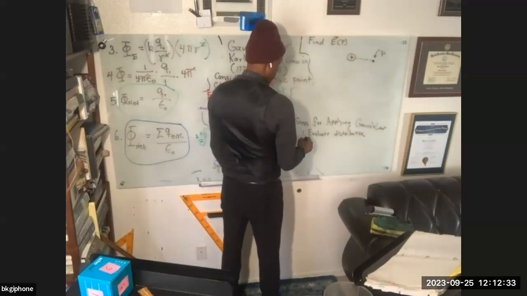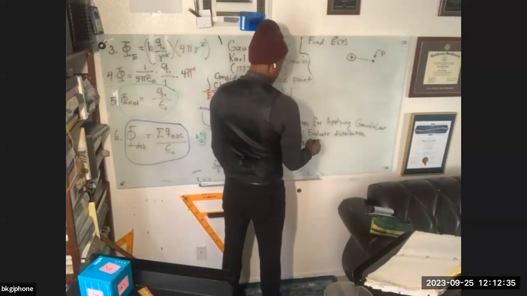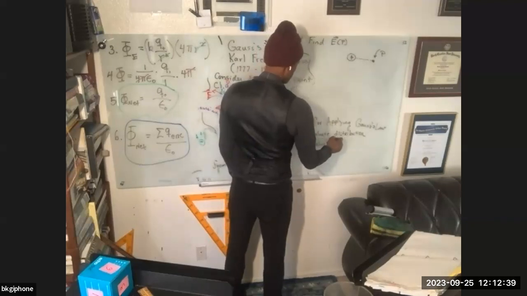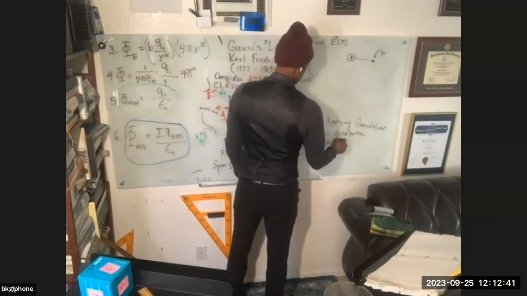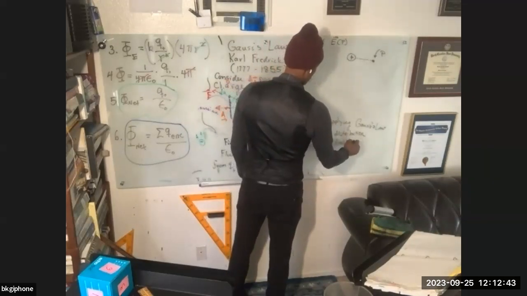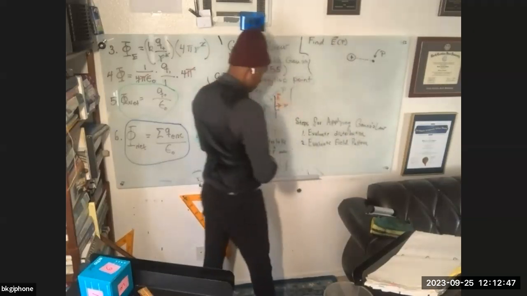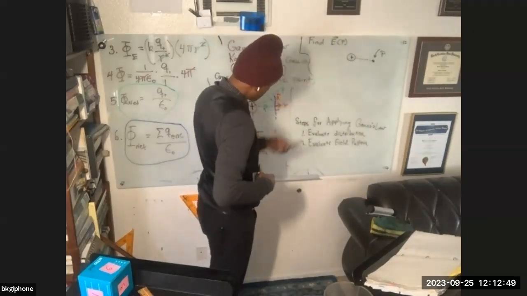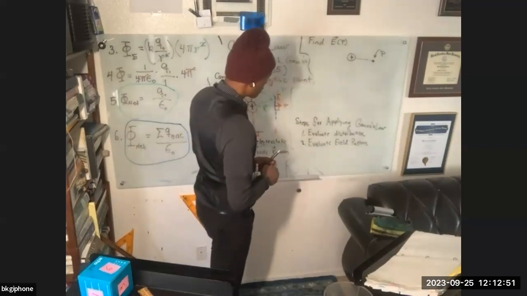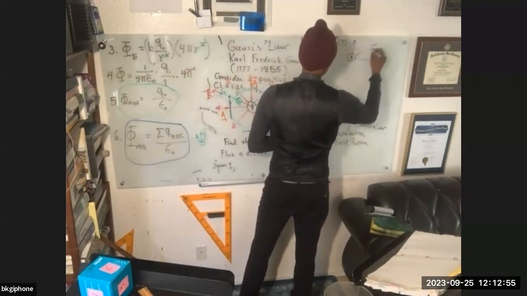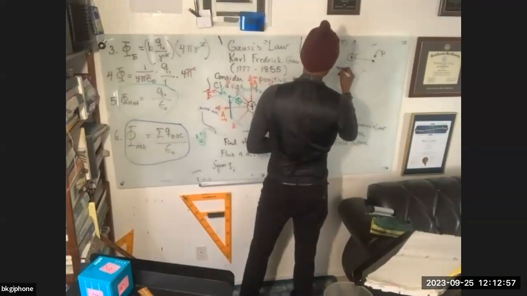Next, which goes right along with that, evaluate the field pattern associated with that charge distribution. In this case, my charge distribution is circular, so my electric field is radial, pointing away from that charge.